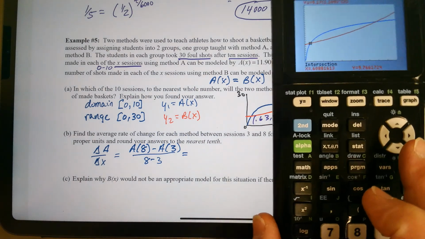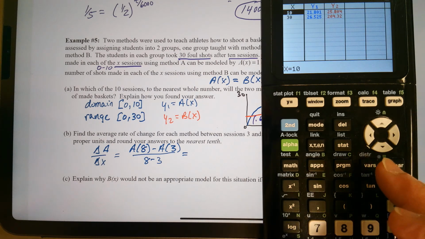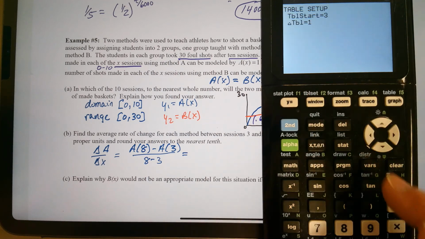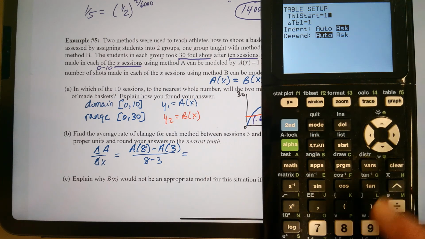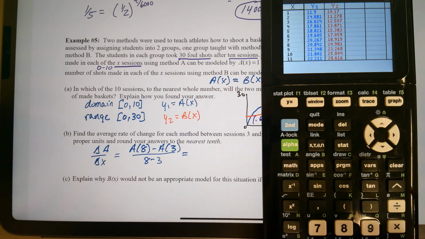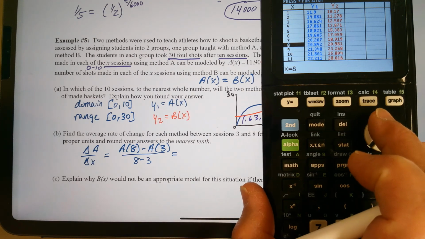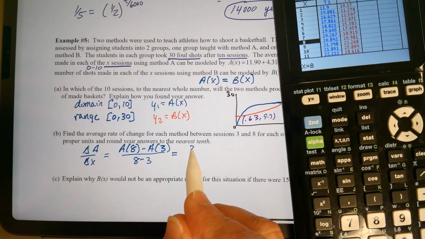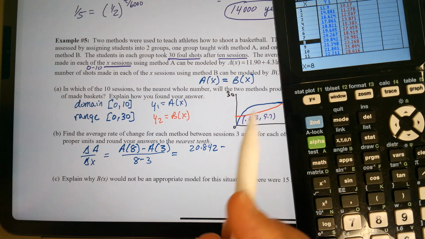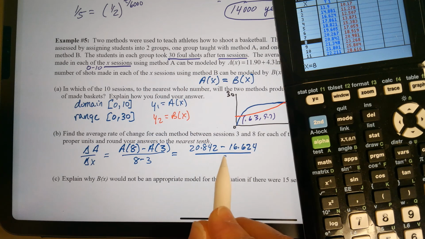And since A is in y1, we can look at the table of values. Oh, I'm still on independent. All right. You probably have the table set. Yeah, you would likely have this. So for 8, 20.842 minus 16.624, all divided by 5.